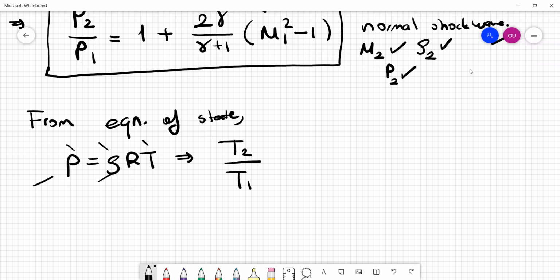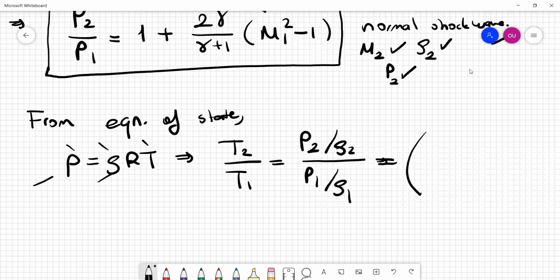From the equations of state for each state, that is P2 over rho 2 divided by P1 over rho 1. So this is equal to P2 over P1 times rho 1 over rho 2.